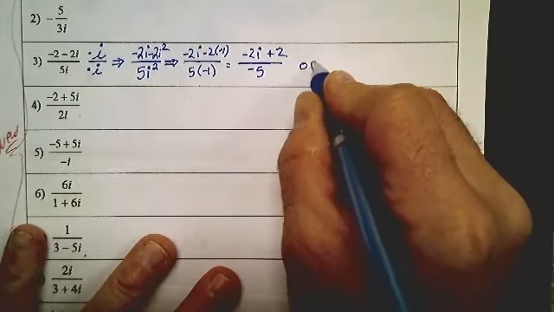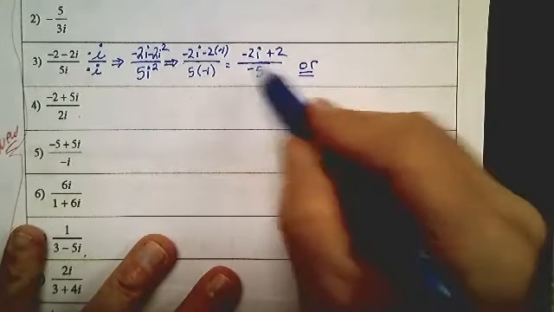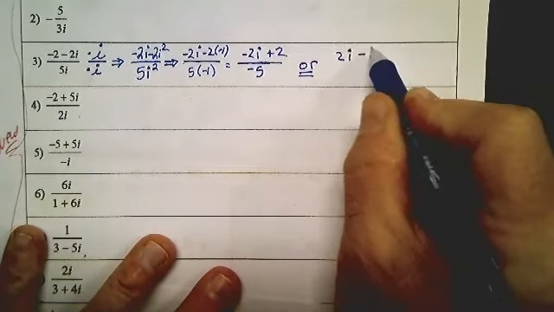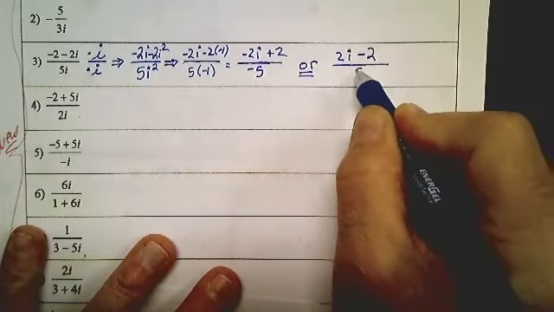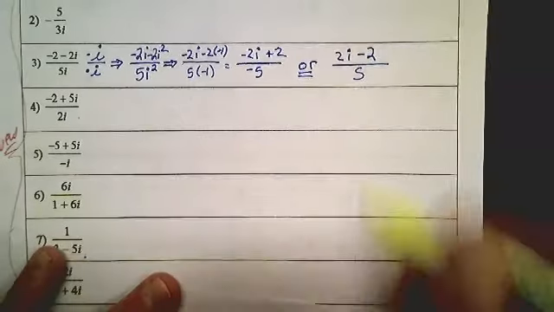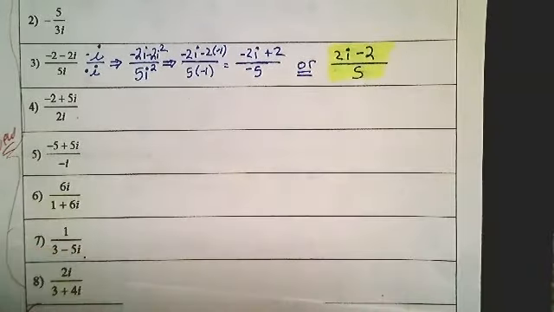So if you're ever stuck on a standardized test, they may give you an answer as positive 2i minus 2 over 5. You can keep either answer, but if you're really happy with the first one, they're both perfectly fine. But this one over here is the more acceptable one.